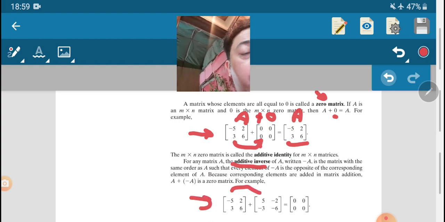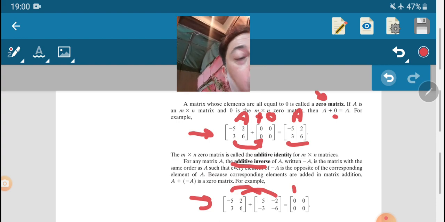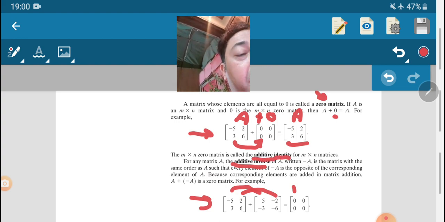If we add these two matrices, first 0, second 0, and so on, 0. If these two matrices have a sum of the 0 matrix, we call each an additive inverse of the other, because their summation obtains the additive identity matrix, which is called the 0 matrix.